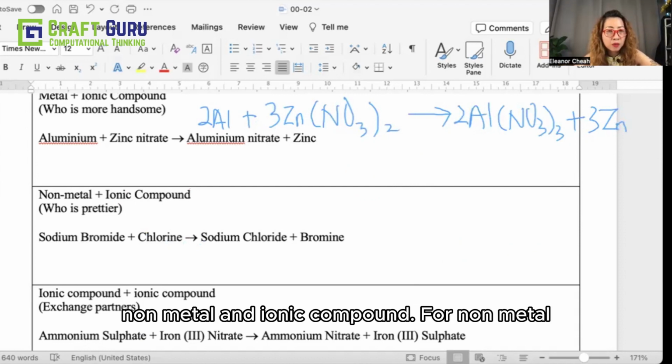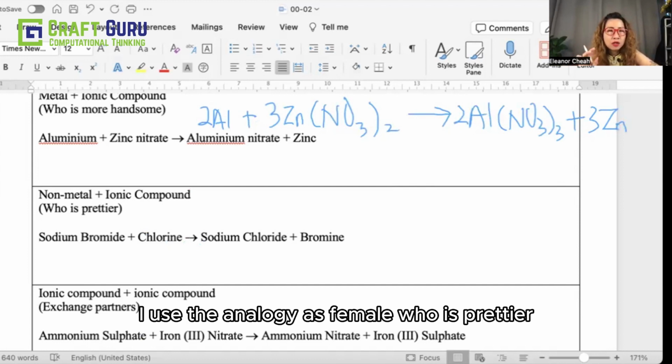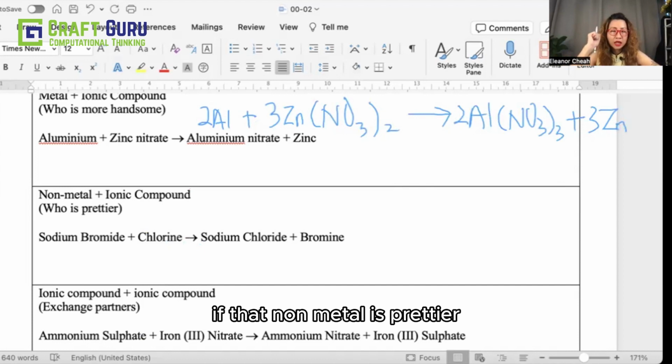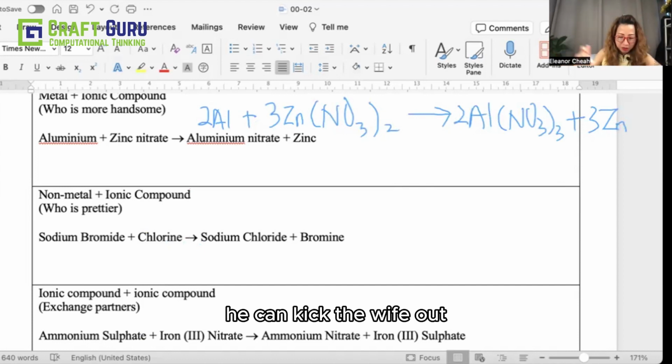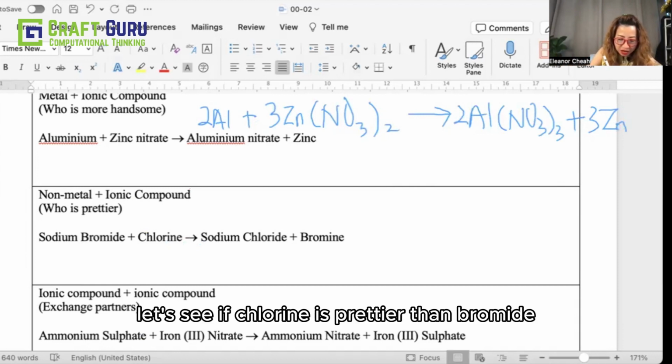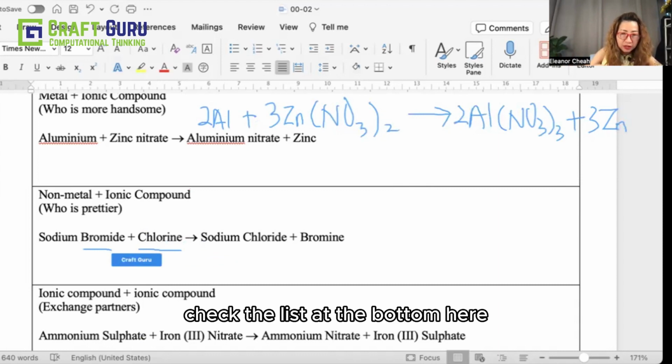non-metal and ionic compound. For non-metal, I use the analogy as female. Who is prettier? If that non-metal is prettier, she can kick the wife out. Let's see if chlorine is prettier than bromine. Check the list at the bottom here.